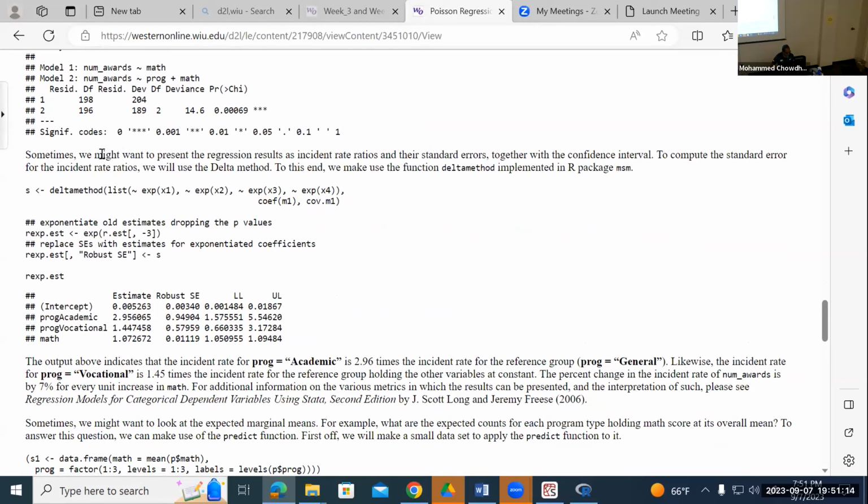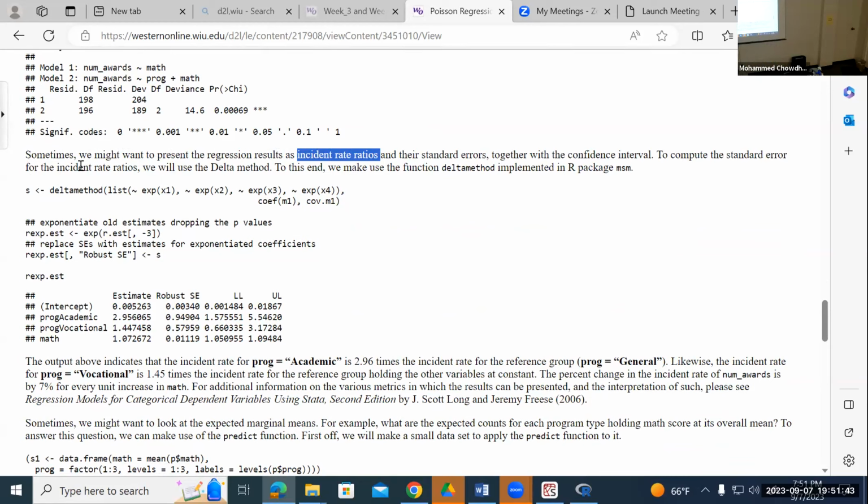Take a look. Sometimes we might want to present regression results as incidence rate ratios. For example, if a hospital receives a lot of COVID patients, and we can explain those things in terms of incidence rate, that will be more acceptable. So that is what they are saying.